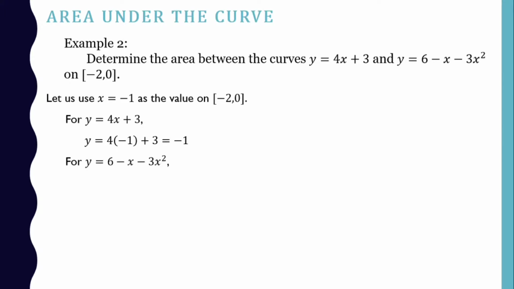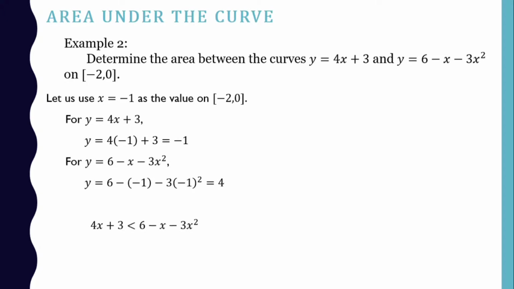Next, we substitute -1 into the other function, 6 minus x minus 3x squared. That will give us 6 minus -1 minus 3 times -1 squared. Simplify. That is 6 plus 1 minus 3, or +4.